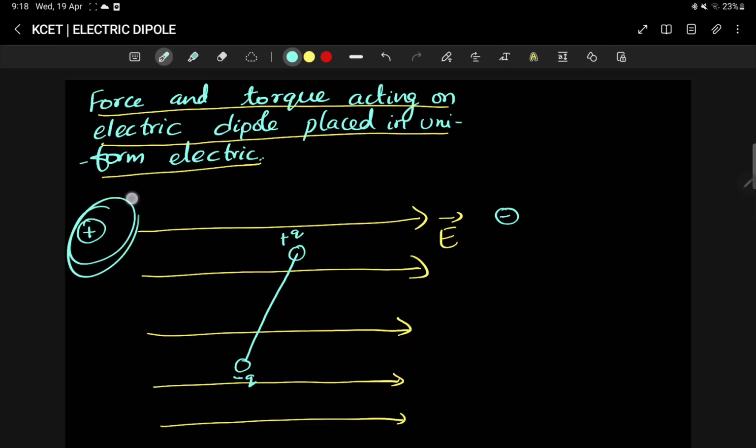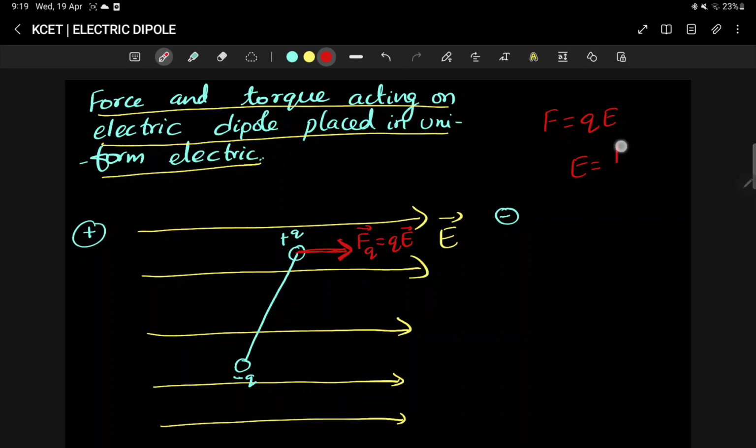Okay, so what is the nature of force on the positive charge? Positive charges repel each other, so force will be in this direction. How much force will be there? Electric force is given by q into E, because electric field is defined as force acting on unit positive charge.